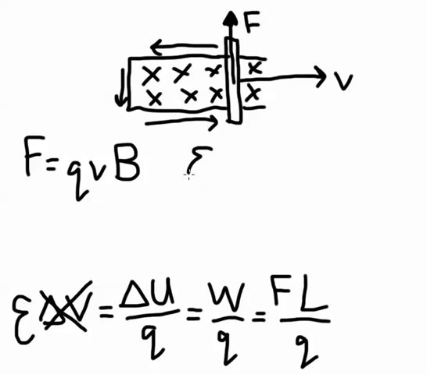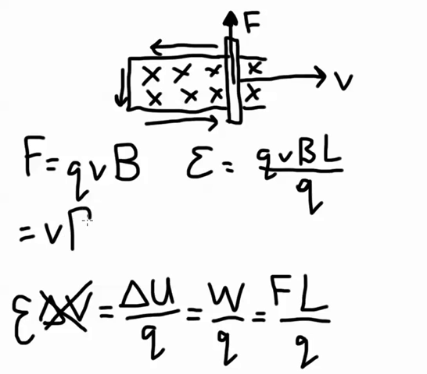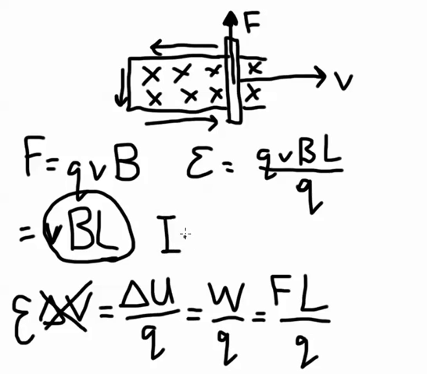That means that the EMF is equal to F, which is QVB, times L divided by Q, which is equal to V times B times L. So that's the electromotive force. And therefore we can say that the current is equal to the electromotive force divided by the resistance of the bar and the wire together.